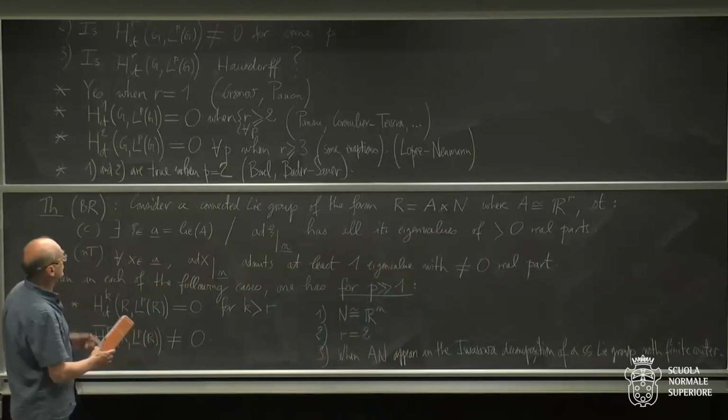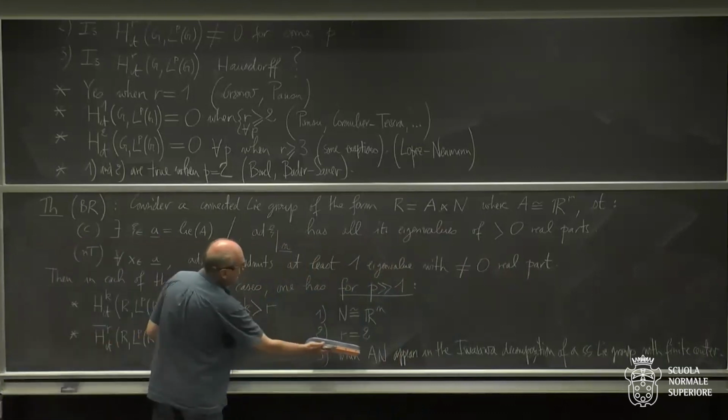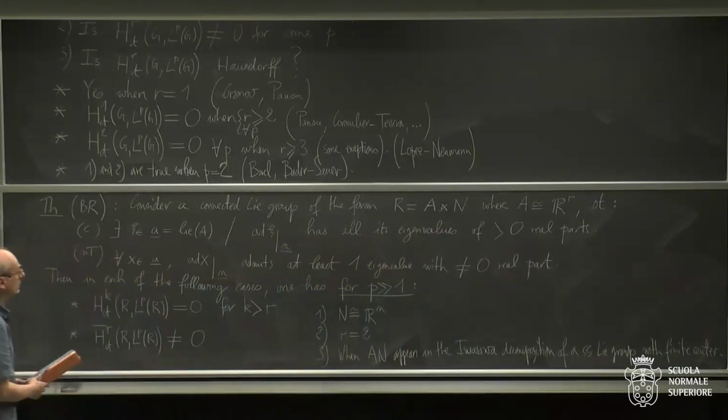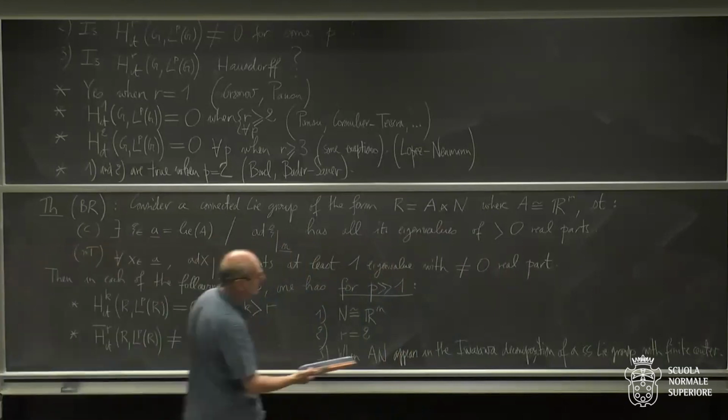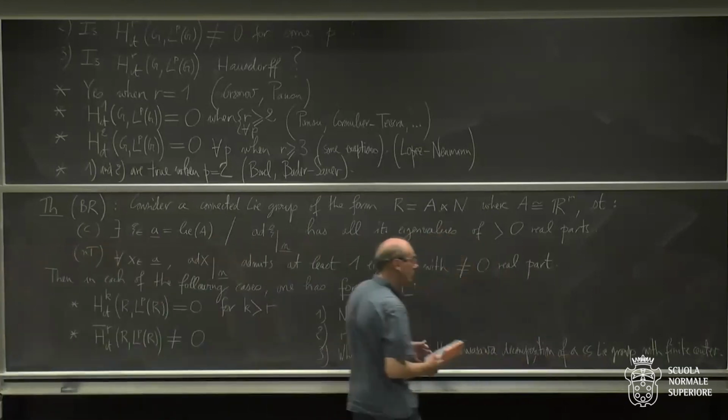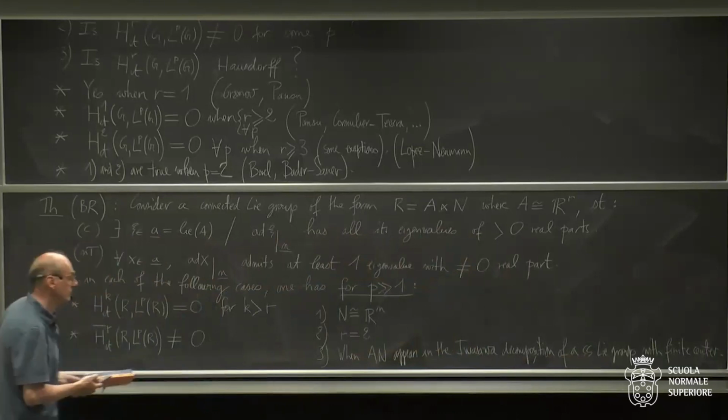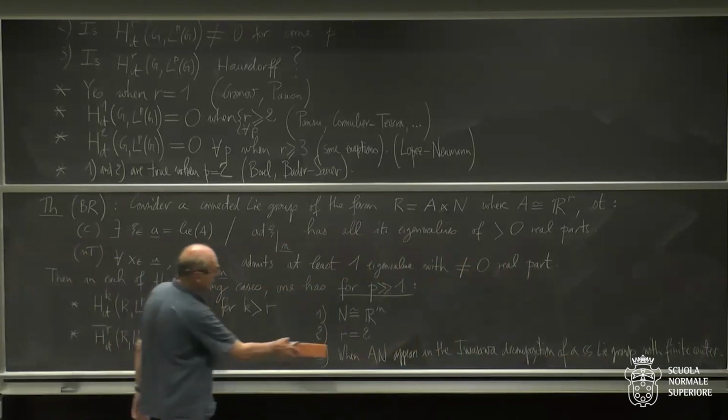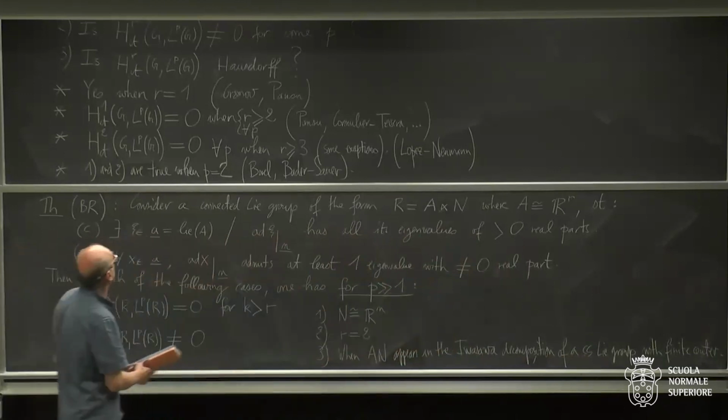And so in the last case, the group R is quasi-isometric to the semi-simple Lie group because what remains is the K part of the Iwasawa decomposition, which is compact. So the cohomology of AN is the same as the cohomology of the semi-simple Lie groups.